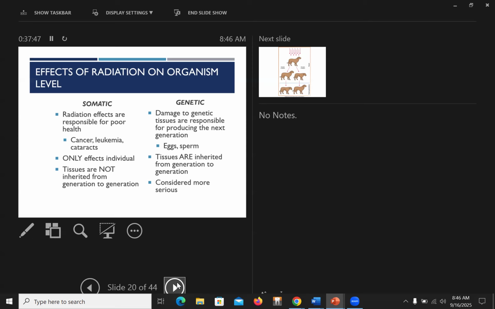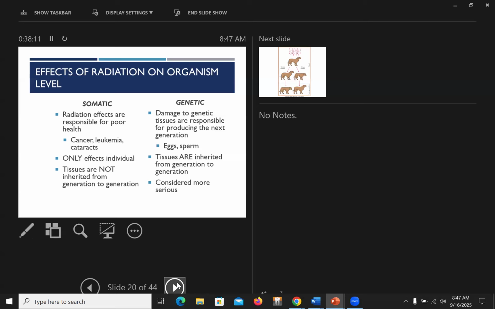So if an individual is having radiation and it's affecting their chest area or their head, that's all going to be somatic tissue damage, and it's only going to affect that. Now, if radiation is somewhere in the area where reproductive organs will be damaged, you pass that on to your offspring.